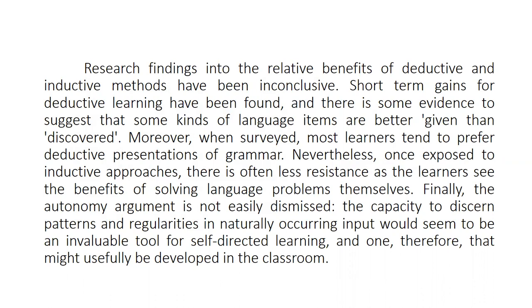It means to say that short-term gains for deductive learning have been found, and there is some evidence to suggest that some kinds of language items are better given than discovered. So it simply means that there's a lot of arguments about what method is the most effective and most efficient in teaching and learning language.